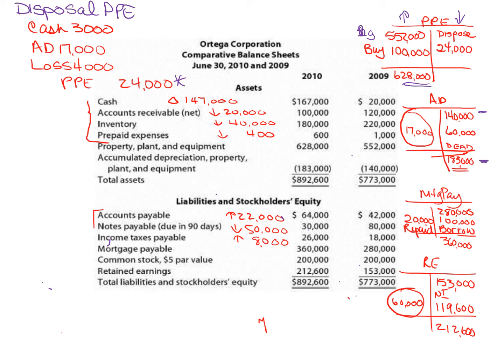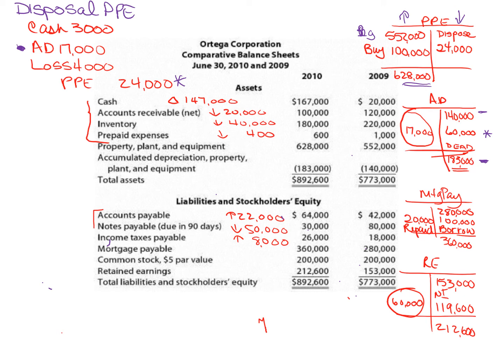I also know from the income statement that my depreciation expense was $60,000, so the depreciation on the disposed of equipment was $17,000. I know that because I'm good at CSI accounting. All right, so I've reconciled everything that happened in property, plant, and equipment and accumulated depreciation this year.